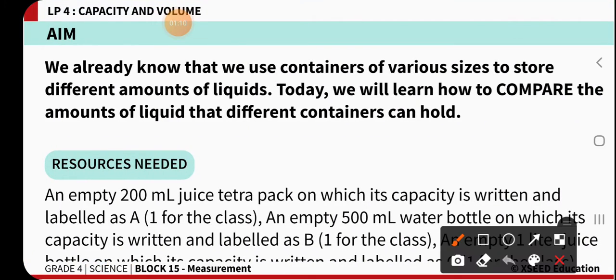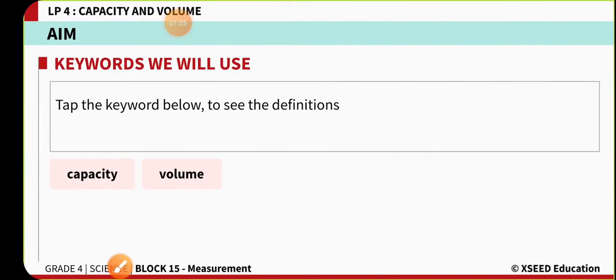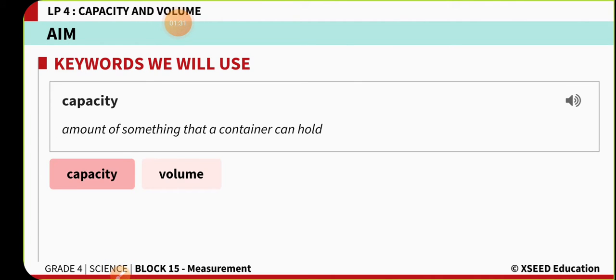So today's class main aim is to compare the amount of liquid that is occupying different containers, or that is held by different containers. So in today's class we are going to learn some keywords. The first one is capacity.